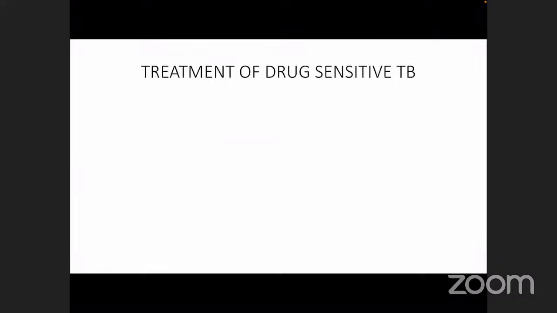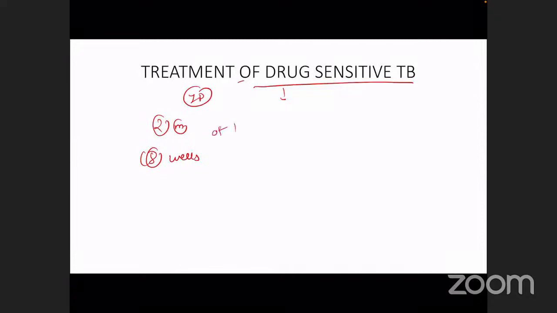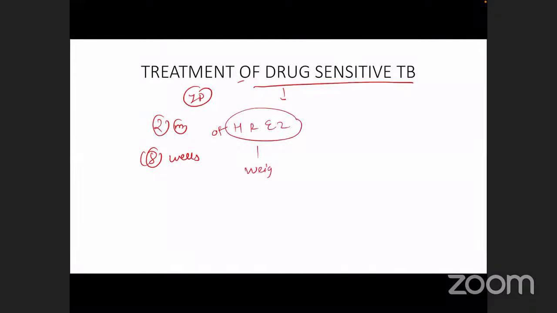So now coming on to the management of drug sensitive tuberculosis. This is very straightforward. You have 2 months, or better we say 8 weeks, of the intensive phase of HREZ.